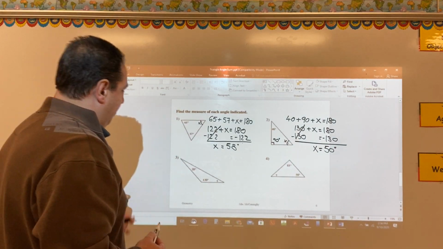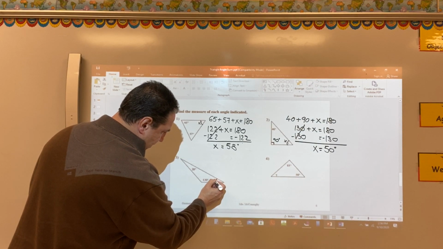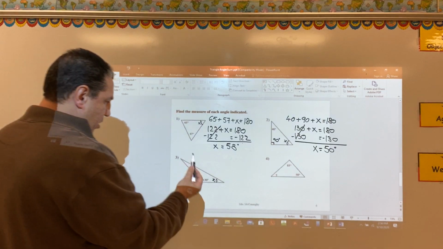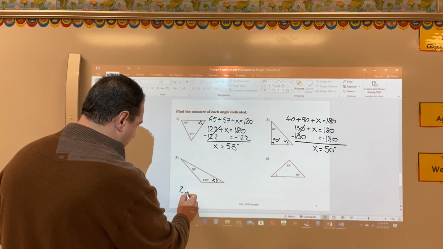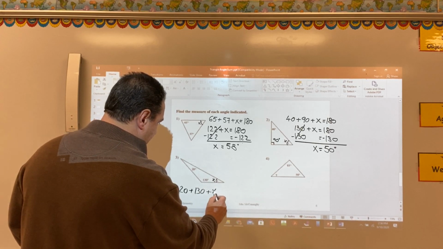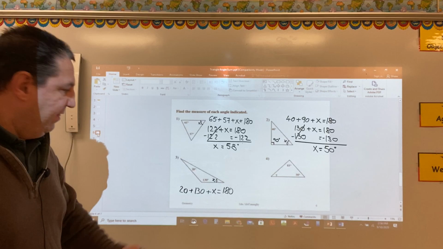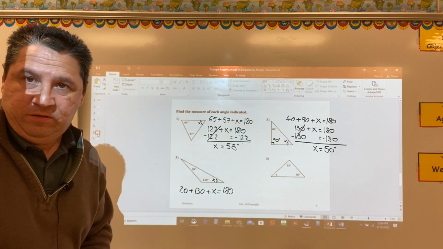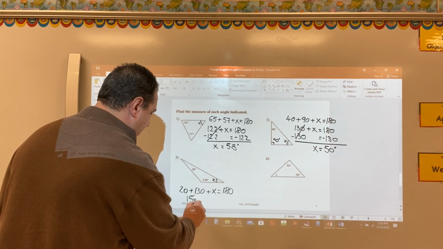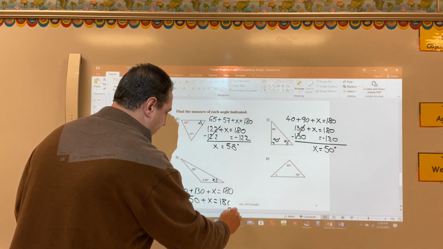Another problem is this one. So this time we need this angle, right? We apply the same theorem. So we write 20 plus 130 plus x equals 180. Then we add 20 and 130, we get 150 plus x equals 180.